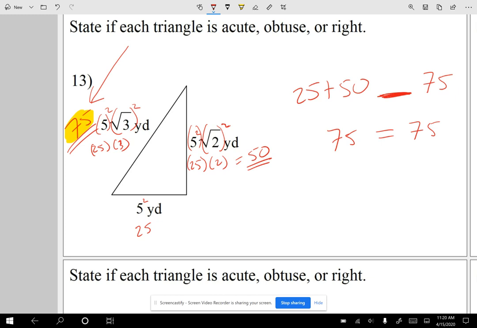I get an equal sign. Remember the three things that I gave you guys earlier? Remember when I had a squared plus b squared equals c squared? Because I have an equal sign, I know this triangle is right. So that's what I will write: right. When you type it, just type that.